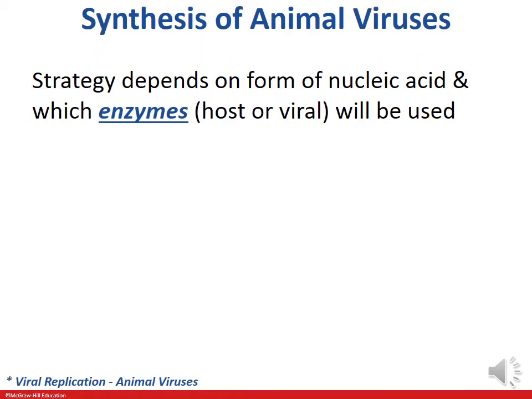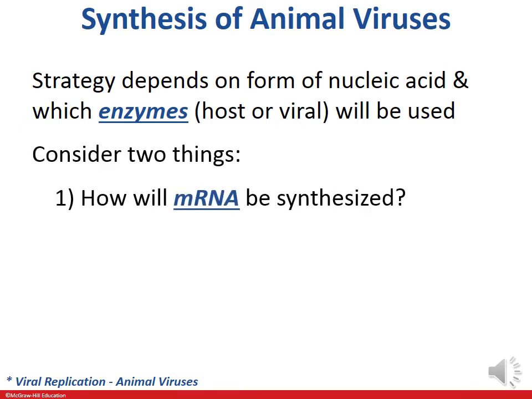Now, once they get in, it really depends on which form of nucleic acid the virus is made of, to determine whether the host or the virus is going to be responsible for copying that virus. So the enzymes are going to be responsible for either unzipping the DNA, replicating the DNA, things like that. And so you have to think about two things.